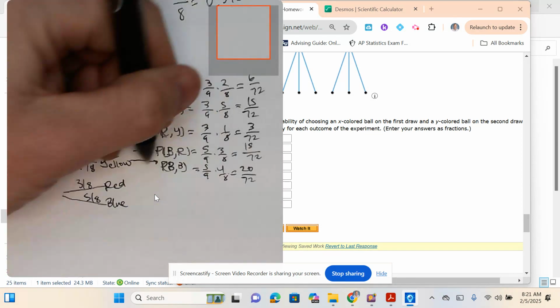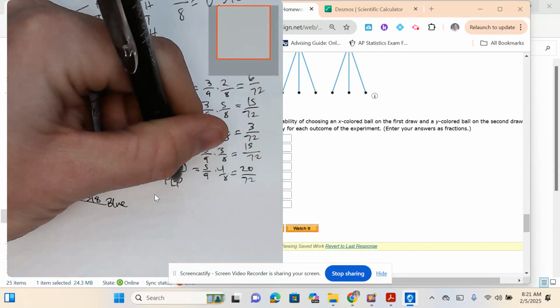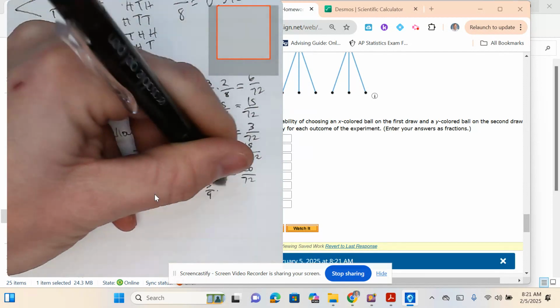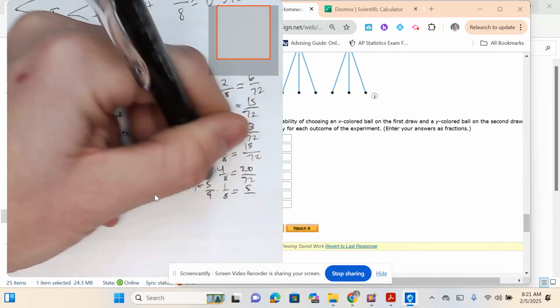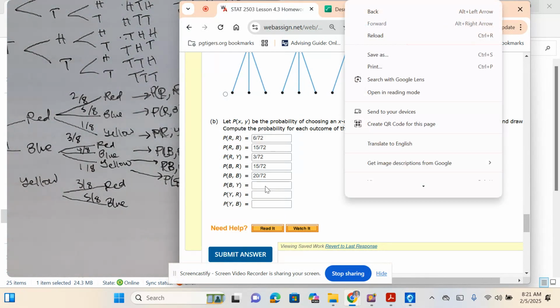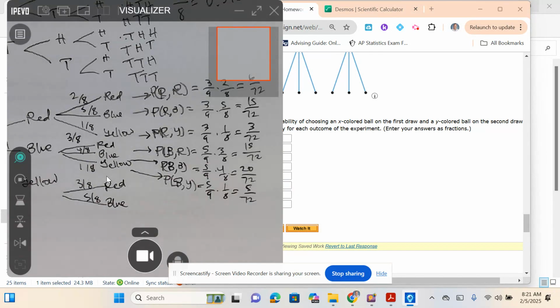Blue, yellow. 5 out of 9 times 1 out of 8. That would be 5. 1 times 5 is 5, 72. So 5 over 72. Okay. Yellow, red.